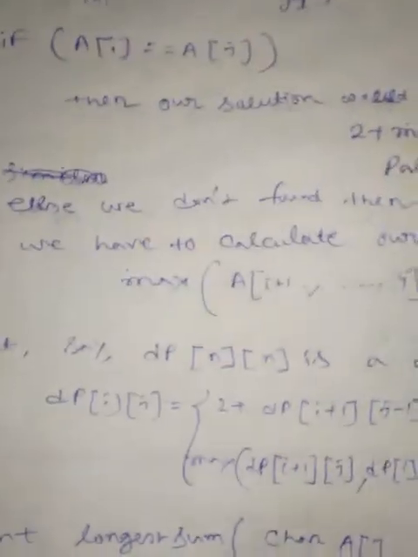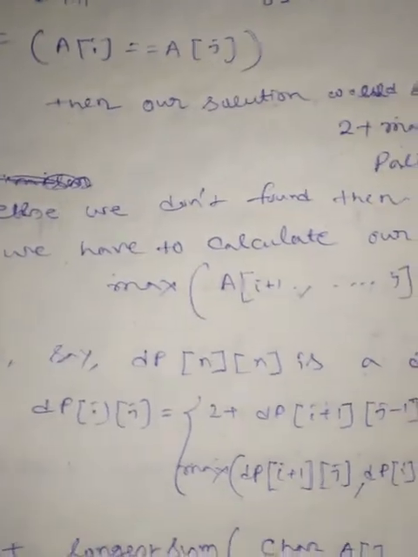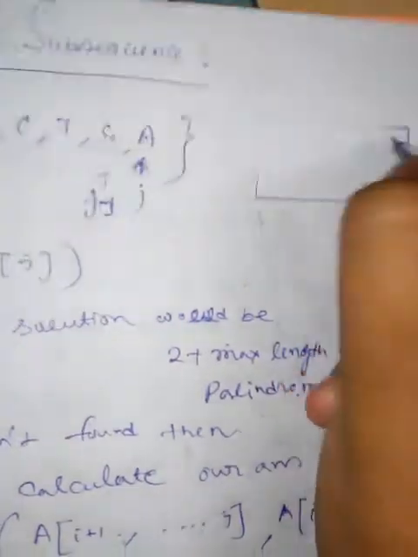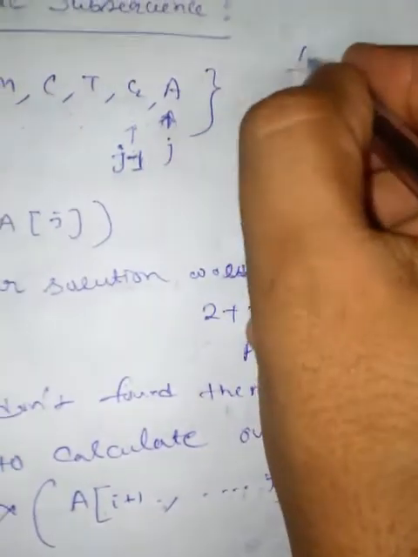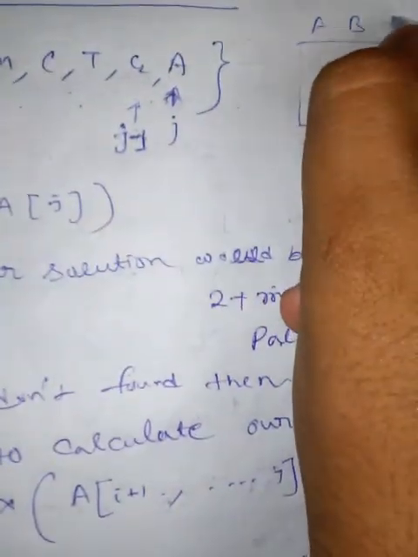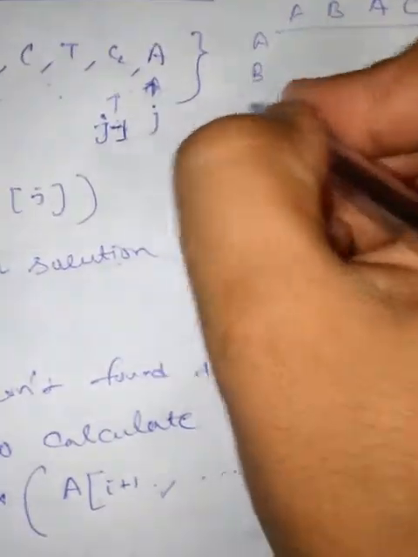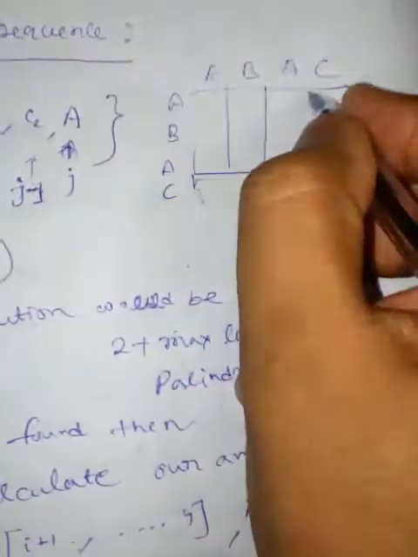Now you have to fill this box. Suppose the characters are a b a c a b a c, and this will be the dp table.